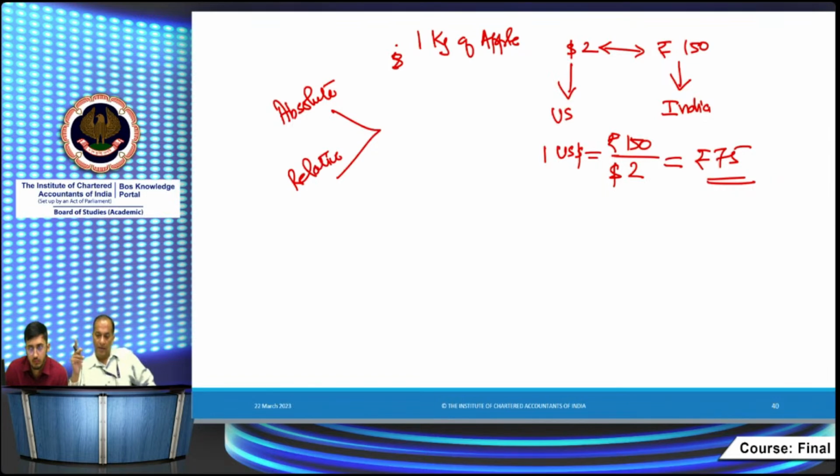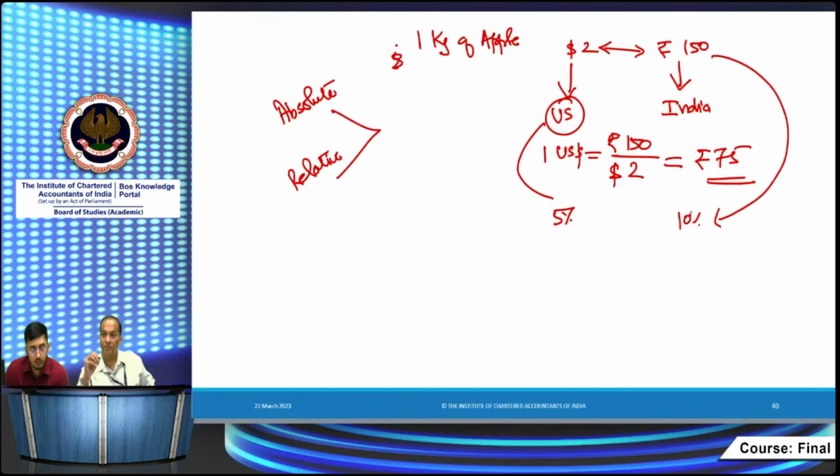Now what happens? Please assume, I'm not saying this is the actual case, that in the USA the inflation rate is 5% and in India the inflation is 10%. After 1 year, the same apple will cost $2.10 in the US and 165 rupees in India.